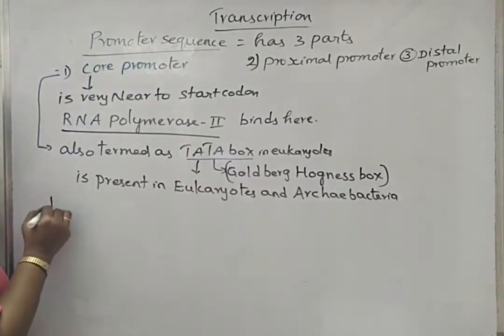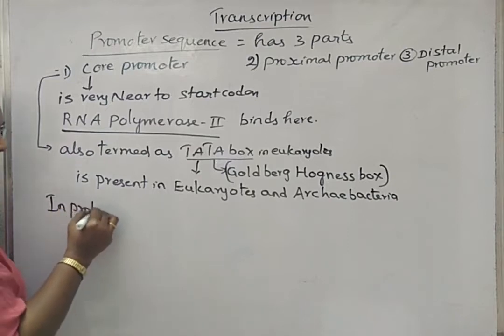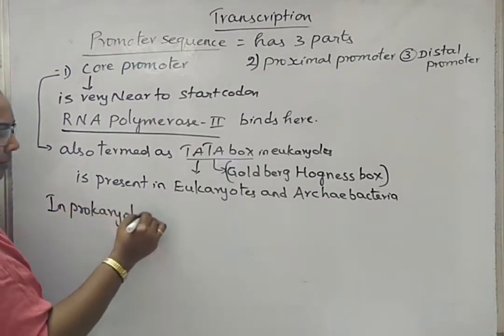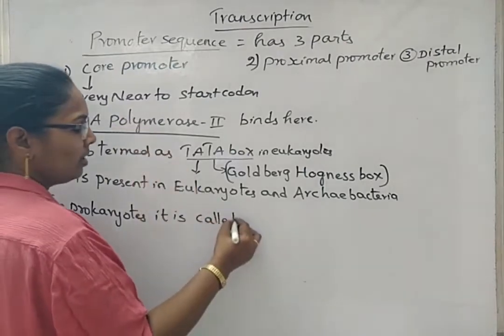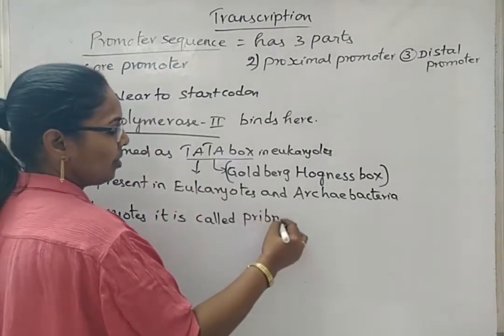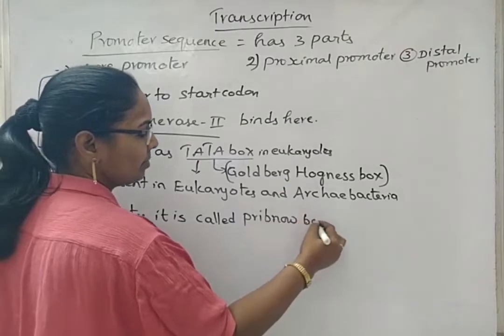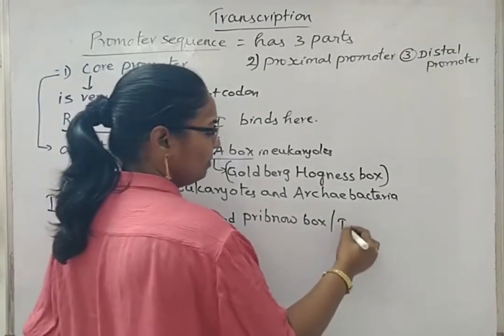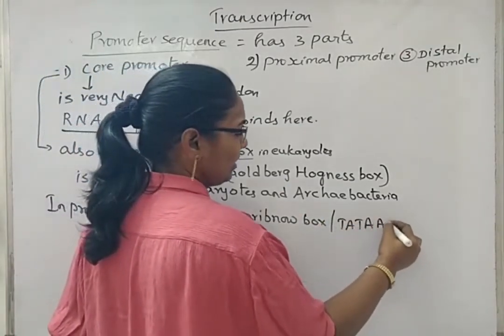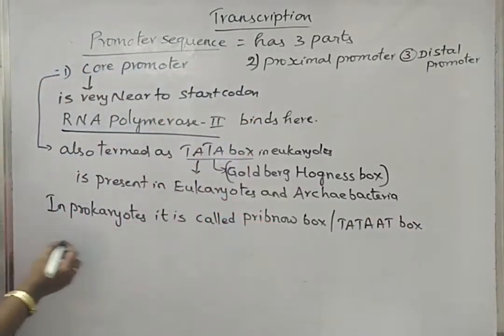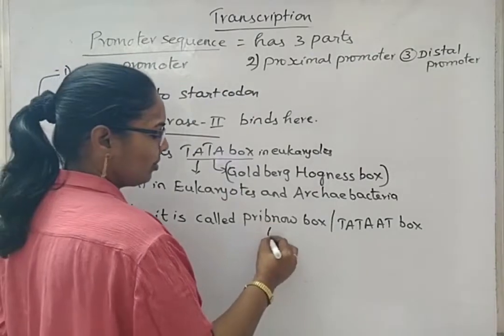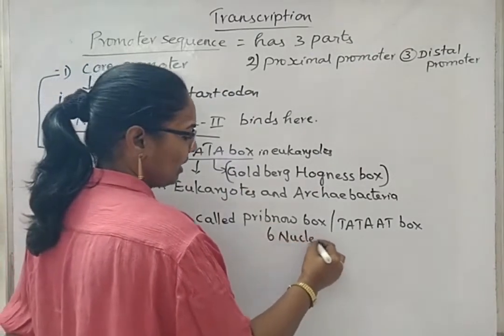Then what is it in case of prokaryotes? In prokaryotes, this core promoter is called the Pribnow box or TATA box. This Pribnow box consists of 6 nucleotides.